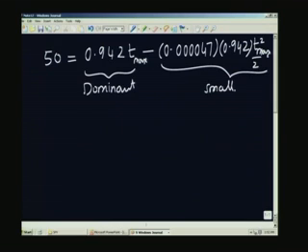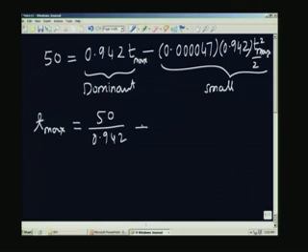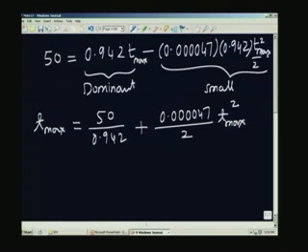So, what I can do is rewrite in the form t max equal to 50 divided by 0.942. I am just retaining it here, dividing by this, sending it to the other side, plus 0.00047 divided by 2 into t max squared.